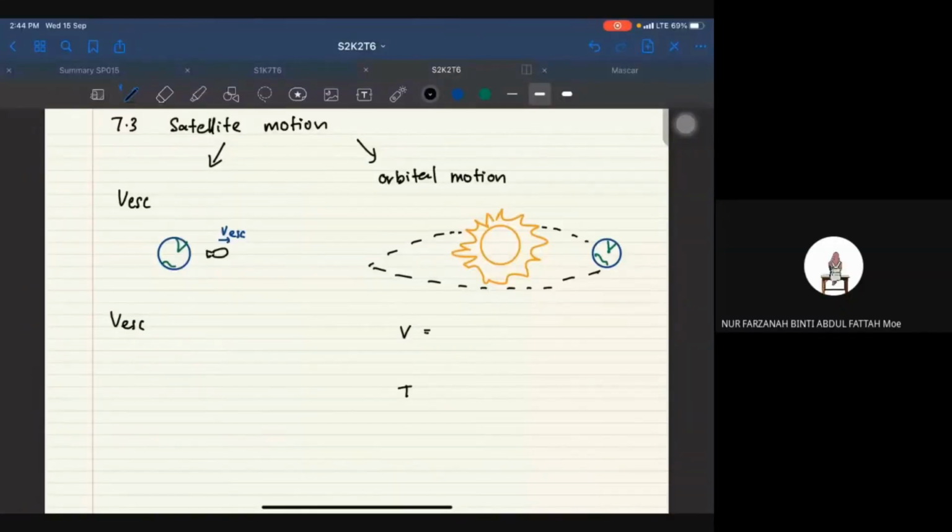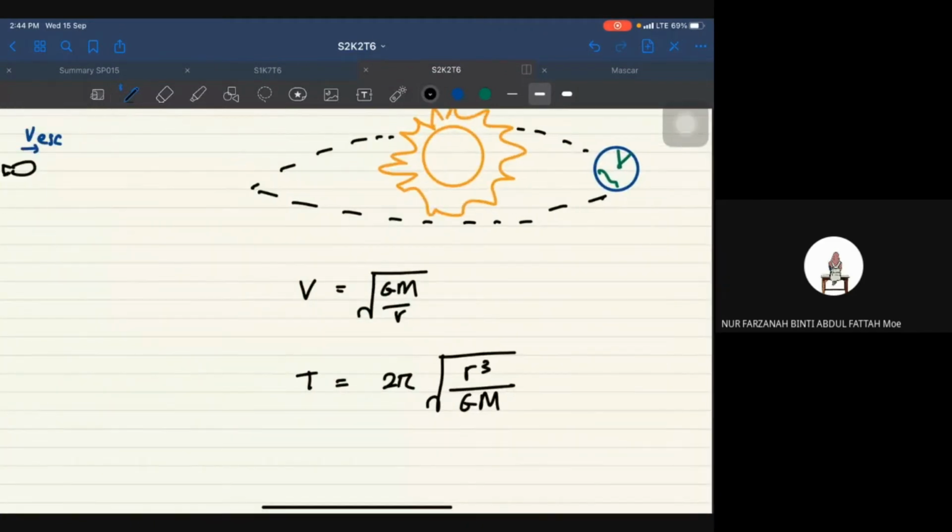V here, the formula would be square root of GM over R. T here is equal to 2 pi square root of R cubed over GM. So formula ni is given. You don't have to memorize or anything. You just have to use lah. And then the M here, if you look carefully, this one is the capital M. So capital M means M yang besar.